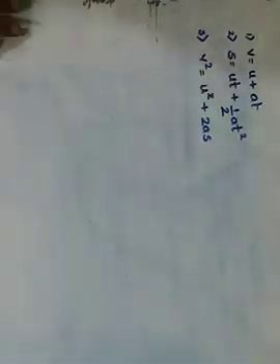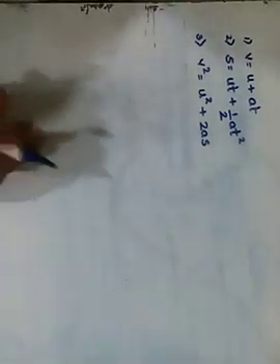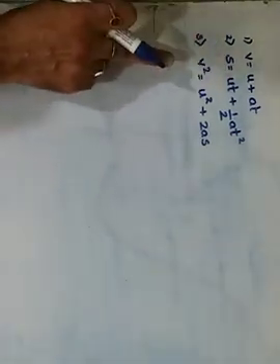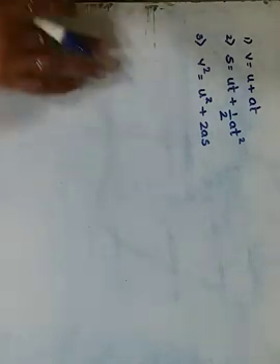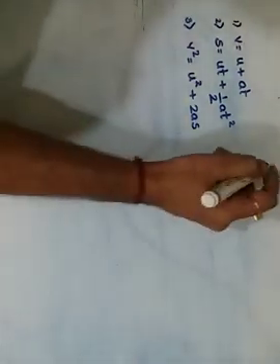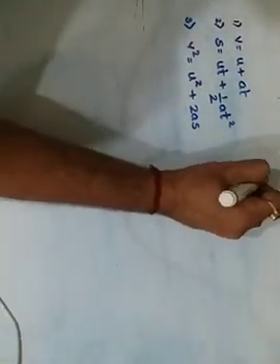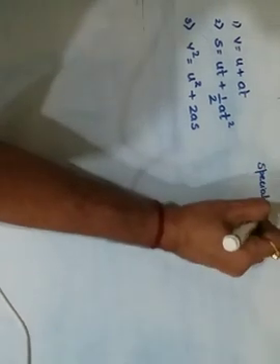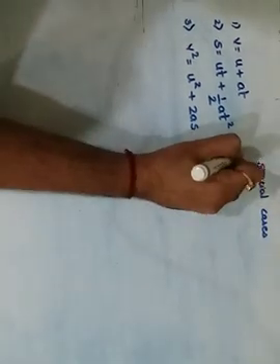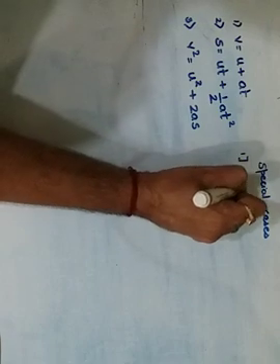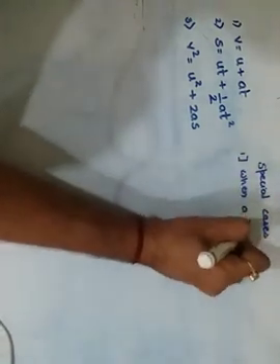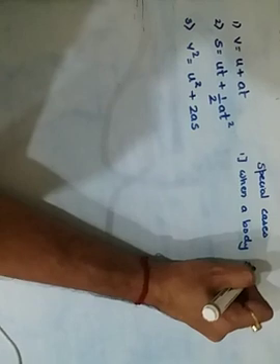There are 2 special cases wherein we apply these formulas and how the formula changes when the cases are special. So the first special case is when a body starts from rest.